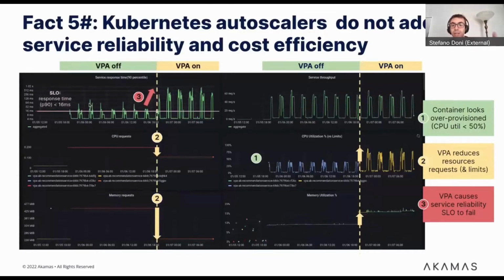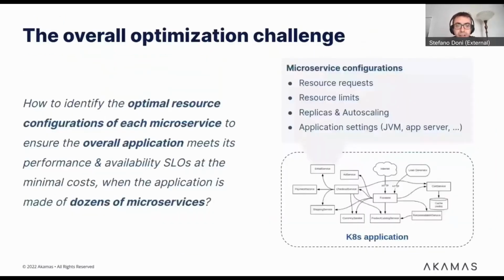So that's close to 10x worse performance as a result of the VPA's suggestion. The VPA is the initial answer available out of the box, but we are finding that it doesn't work very well to ensure performance, cost efficiency, and reliability. That pretty much concludes the challenges that we see on Kubernetes.